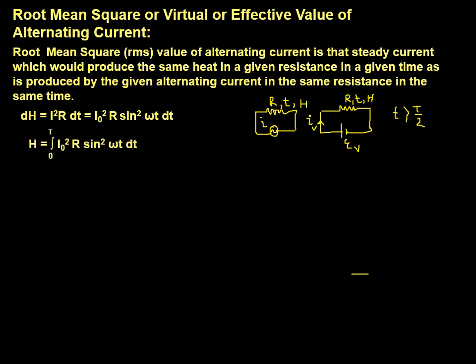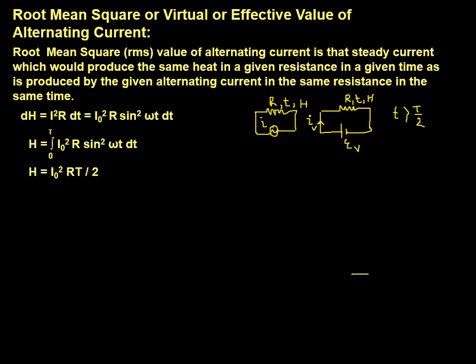If you integrate it over the full cycle, it may be any n number of full cycles, I don't mind, but for simplicity we have taken it from 0 to capital T over the full cycle. So it will be I naught square R times the integral of sine square omega t dt.